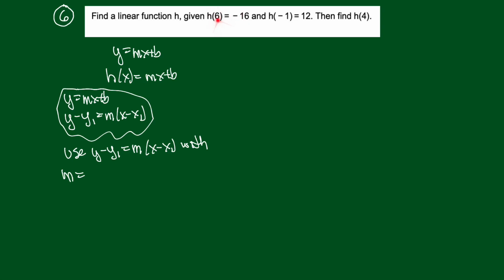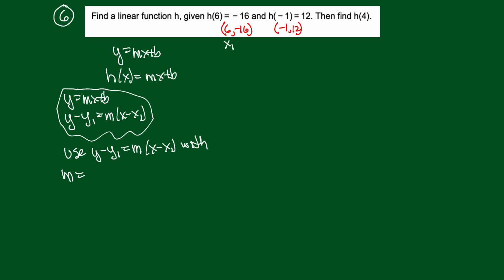When the input is x, when x is 6, h, that's y, equals -16. So we really have the point 6, -16, and then over here it says when x is -1, y is 12. So we have the point -1 and 12.